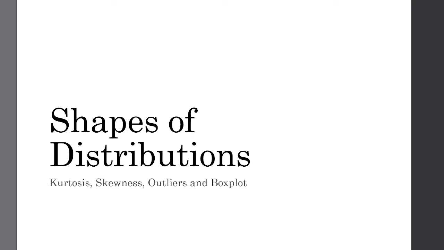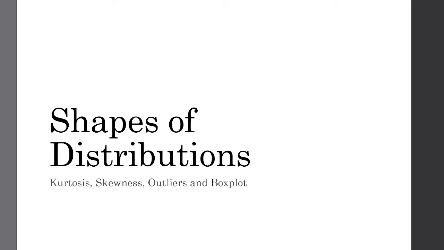Today we'll be talking about shapes of distribution, wherein we'll be looking into kurtosis, skewness, outliers, and boxplot. We already talked about the different shapes of distribution, distributions that are right skewed, left skewed, and symmetrical.